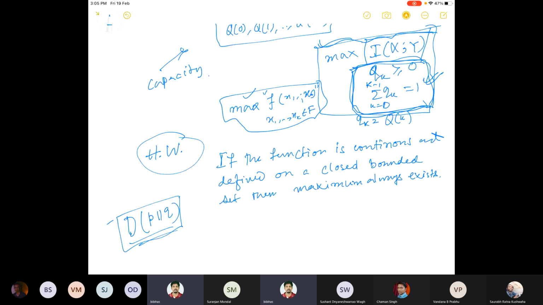This is, let's say, a k-dimensional set. The entire Q, the probability distribution, can be thought of as k-tuple vectors, the vector space we talked about.